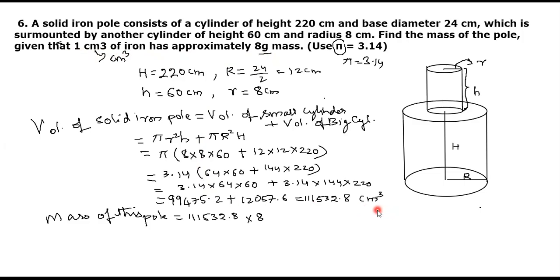So this many cubic centimeters will be multiplied with 8 to get the total mass in grams. When 8 gram is multiplied with this, we get the answer, or we can first multiply with 8 and convert into kilograms. So your answer, I will write directly, 892.26 kilogram, by dividing by 1000.